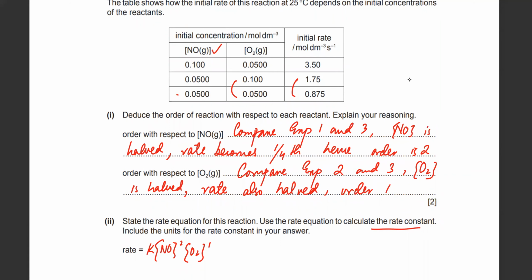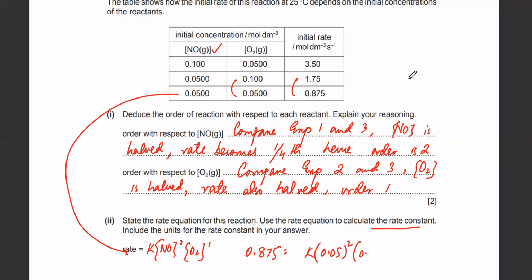So, and you have to figure out the unit as well. So I'm going to use experiment number 3. The rate is 0.875 is equal to K times 0.05 squared into 0.05 power 1. So basically 0.05 cube आ गया.